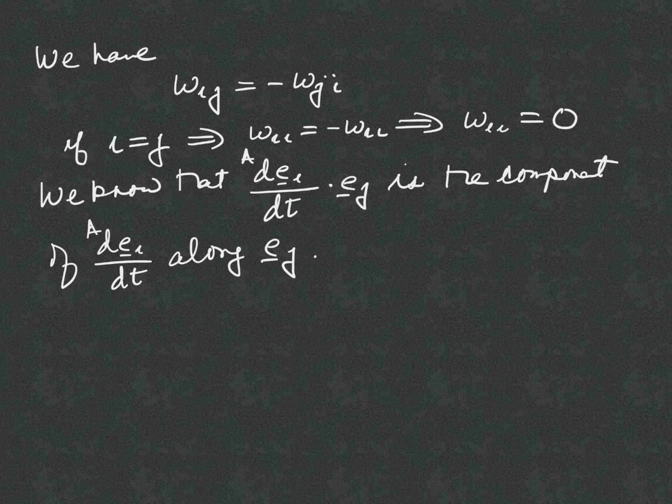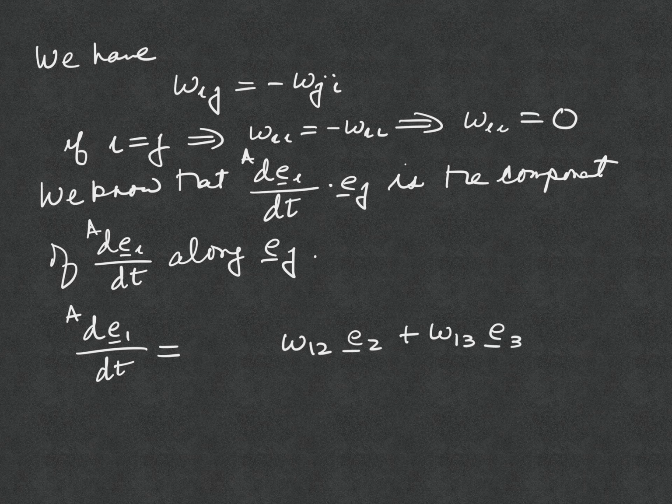So if I use that construct, I can now write each one of these rates of change in the following way. Well, this is equal to omega 1 times E1, but there is no omega 1 because all of the omega ii's are 0. So this gives me omega 12 E2 plus omega 13 E3.